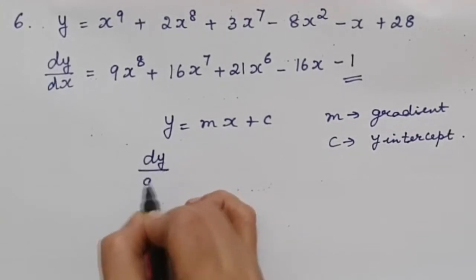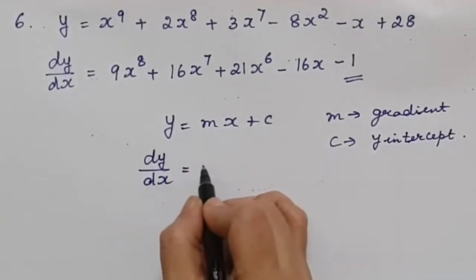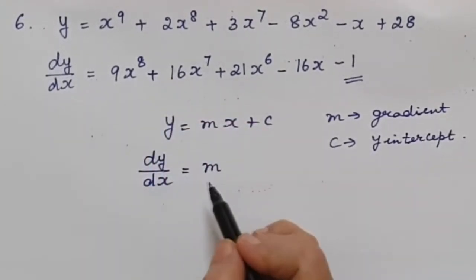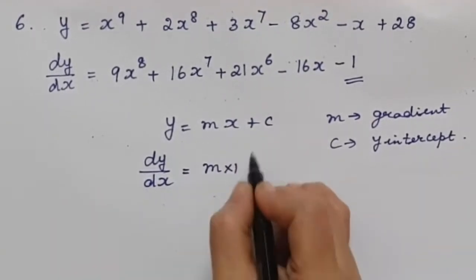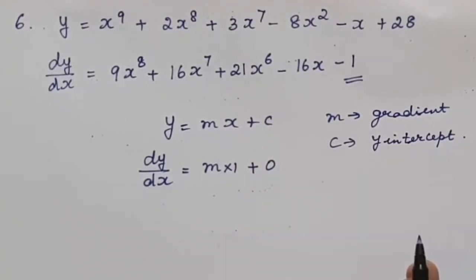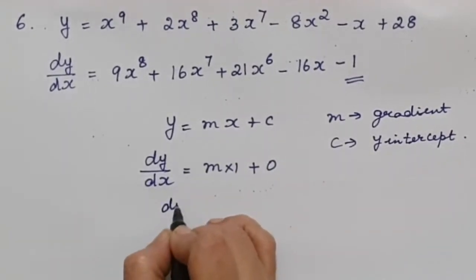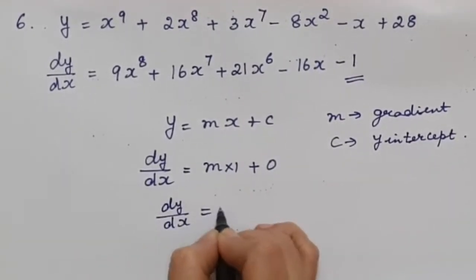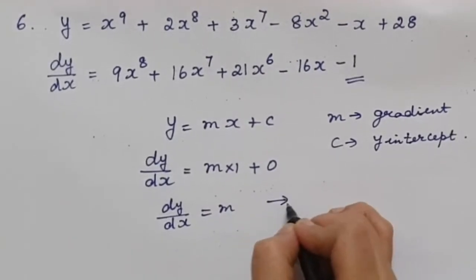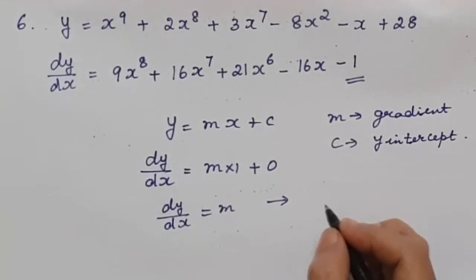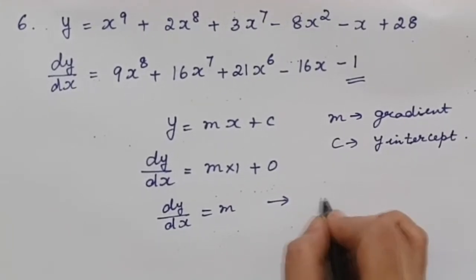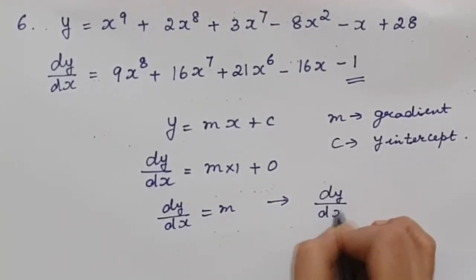So dy over dx. This m is a number, so we write it. This x, when we differentiate, is 1. So m into 1. And a constant, when we differentiate, is 0. So dy over dx will be equal to m.